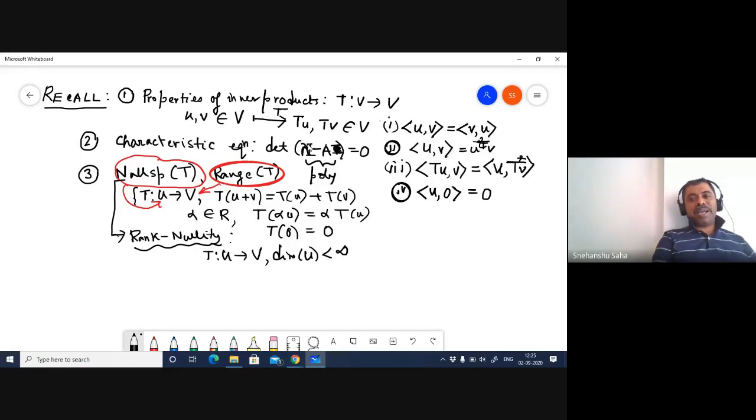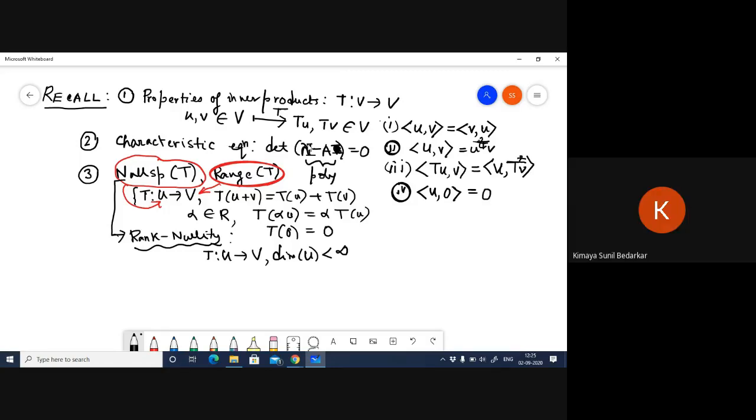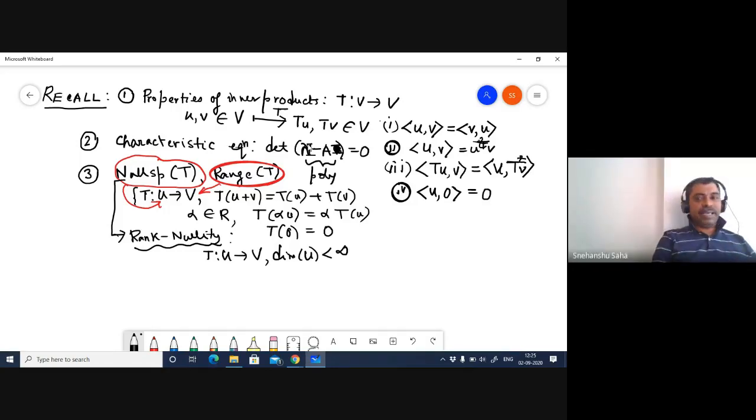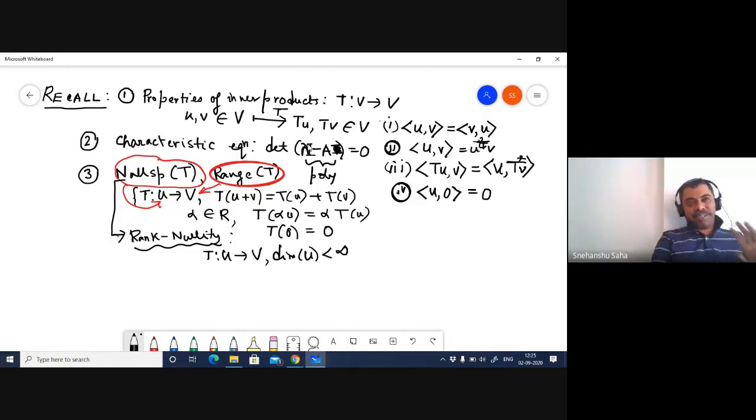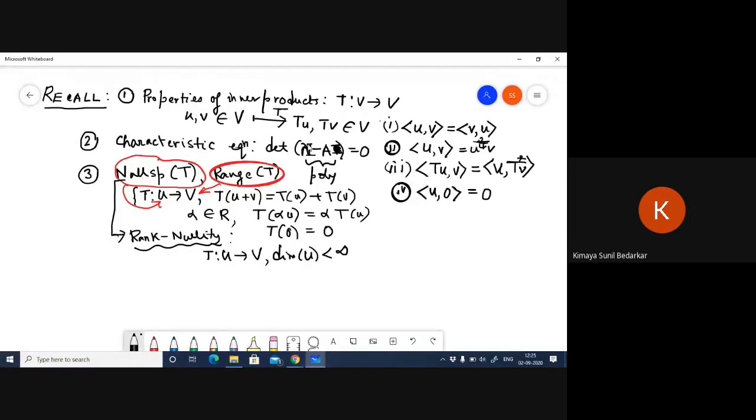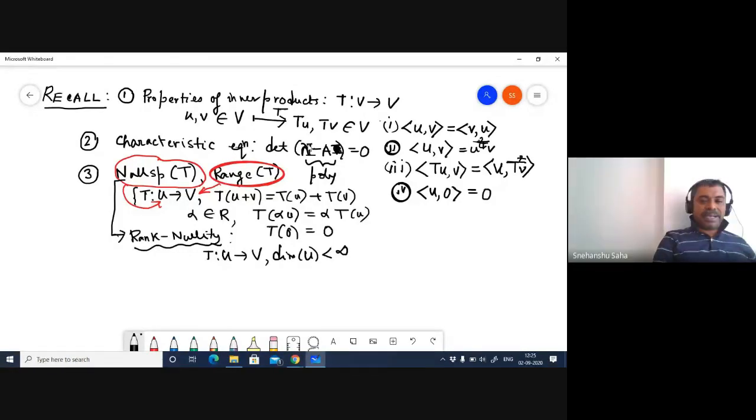Sometimes you require these kinds of representations when you try to prove stuff, like the one I will prove today, where I show that if the set of eigenvectors are orthogonal to each other, then they are linearly independent. So this is just the algebra of it. All right, guys, shall I go ahead?